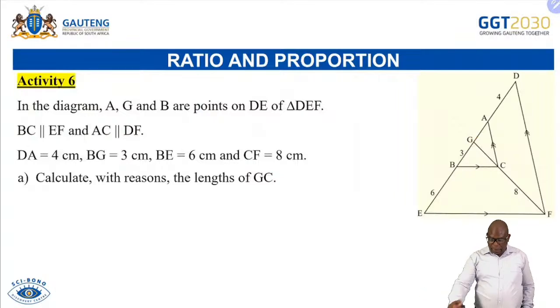Now, in this question here, very nice question also. In this diagram, A and B are points on DE of triangle DEF. Now, triangle DEF, that's the triangle that we're talking about. BC is parallel to EF.